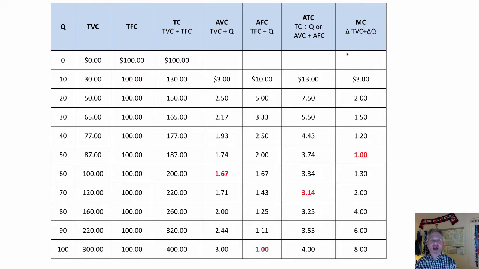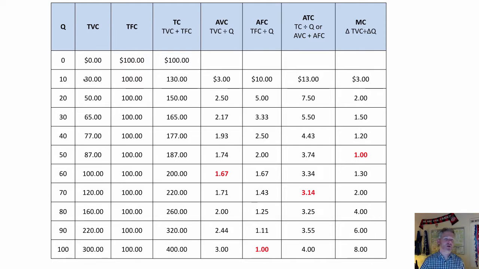As we go from 0 to 10, total variable cost goes from 0 to 30. The change in the quantity goes from 0 to 10. So the quantity changes 10, the total variable cost changes 30. So 30 divided by 10 is 3.